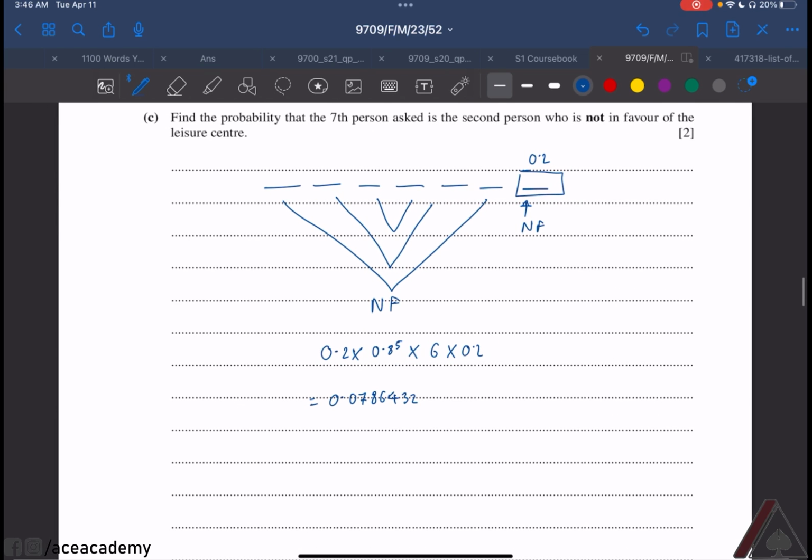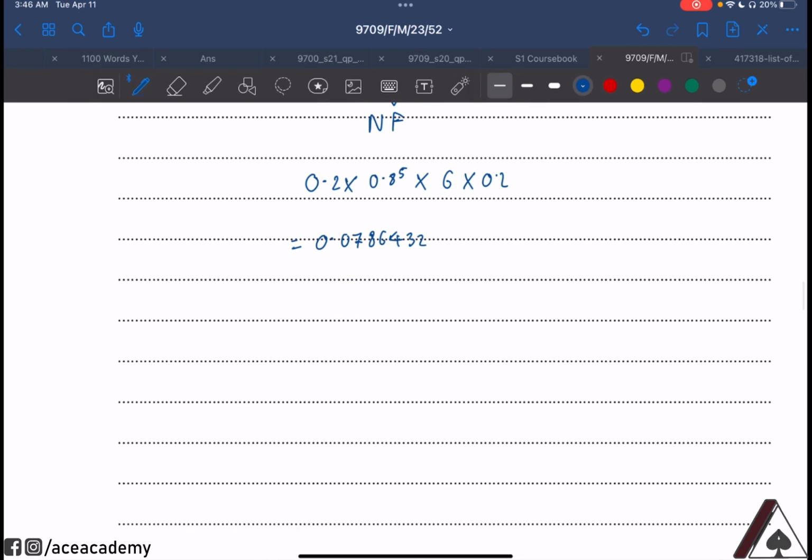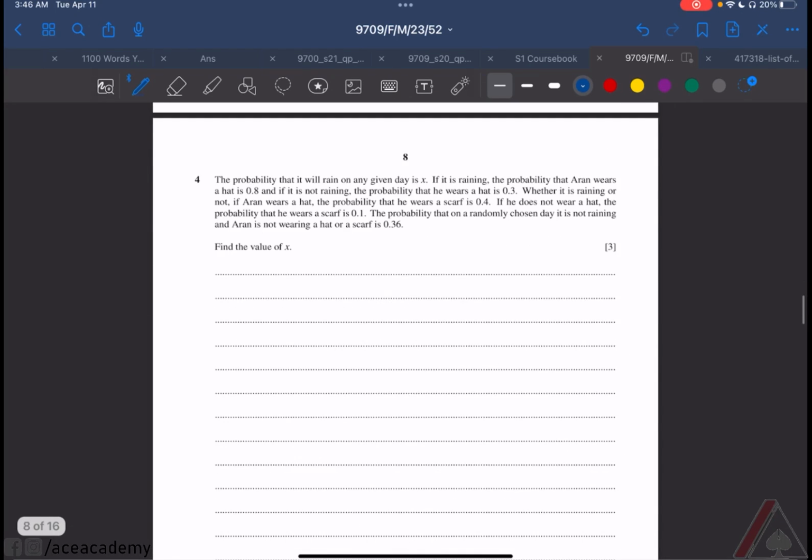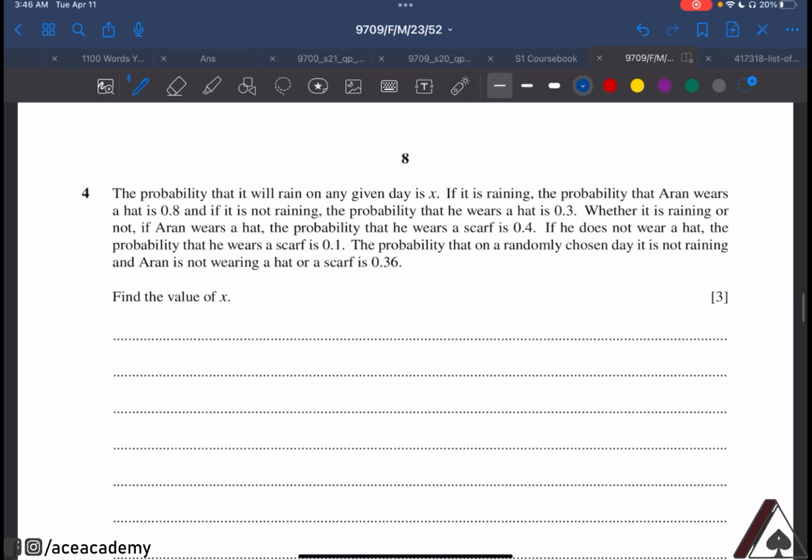Again reiterating, there was another person who was not in favor in the position 1 to 6, and this could be any position from 1 to 6. And one person will not be in favor, followed by 5 persons who are in favor. So 0.2 into 0.8 to the power 5 into 6 into 0.2, which will give us 0.0786.